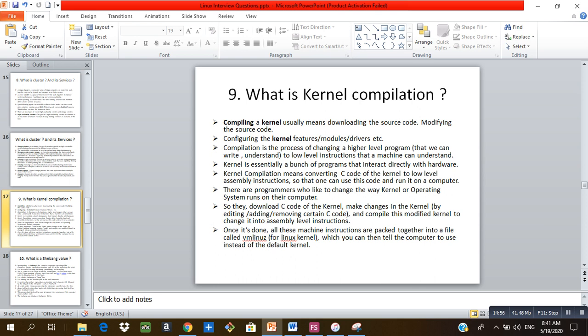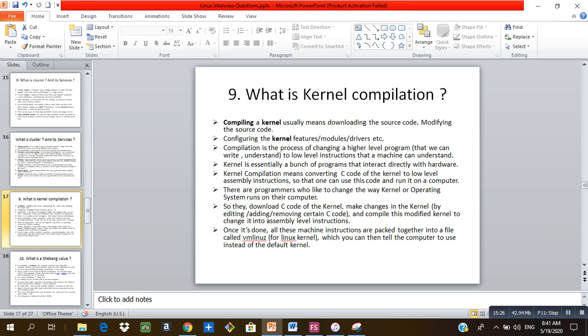So what they do is they download the C code of the kernel, make changes like editing, adding, removing certain code, and compile this modified kernel to change it into assembly level instructions. Once it is done, all these machine instructions are packed into a file called vmlinux, which you can then tell the computer to use instead of the default kernel.